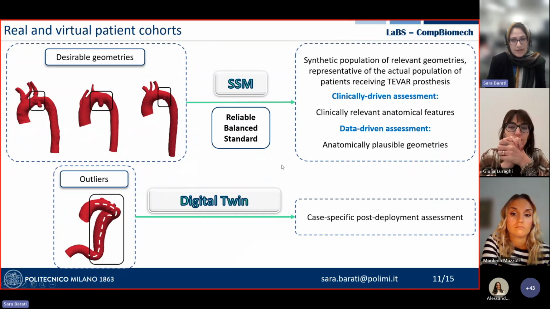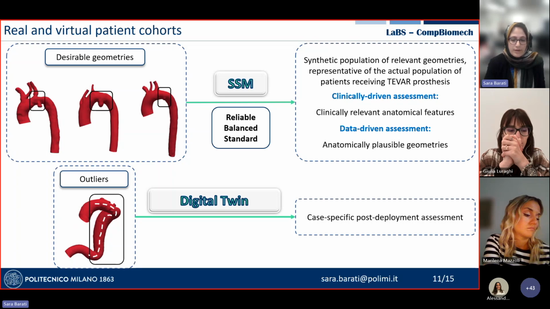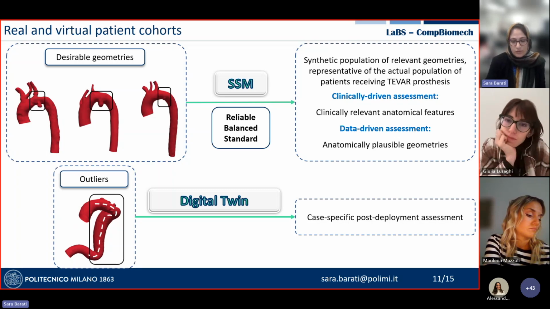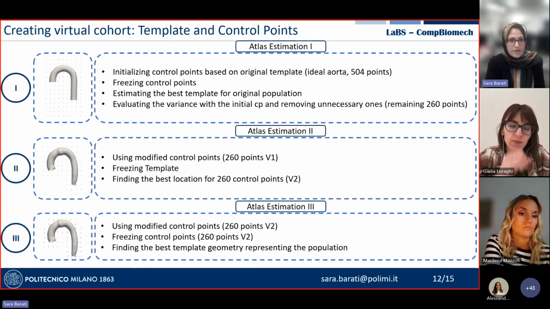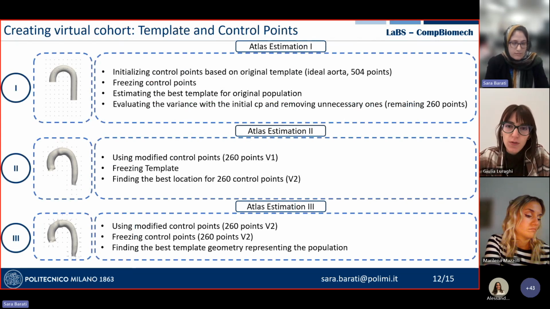So we check for these after creating the virtual population. But for the outliers, which are the complicated cases with a lot of different shape modes that we don't want to consider in our machine learning, we just use the original digital twin, which is the simulation.